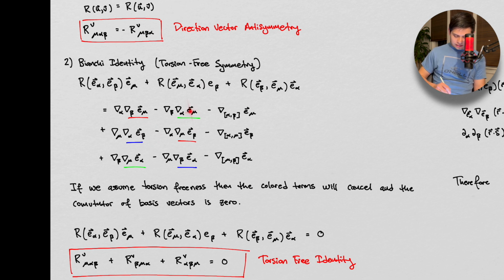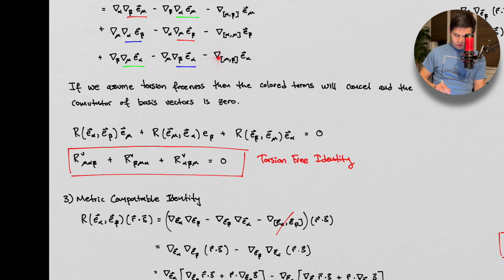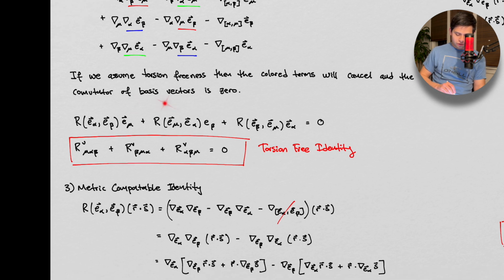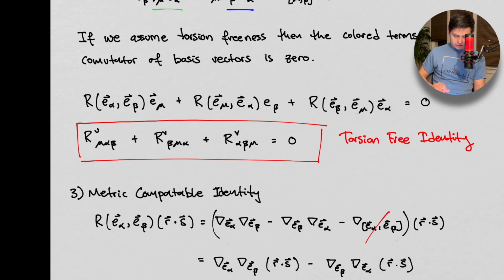So we get these guys, but if these guys are basis vectors, which they are, then these guys are going to go to 0, because the commutation of basis vectors, again, is 0. So if we assume torsion freeness, then the colored terms are going to cancel, and the commutator of the basis vectors is 0. And so we get this right here, and this corresponds again to this right here.